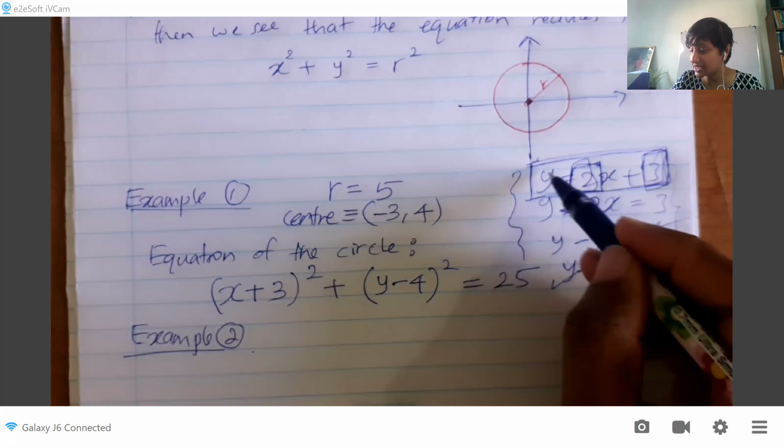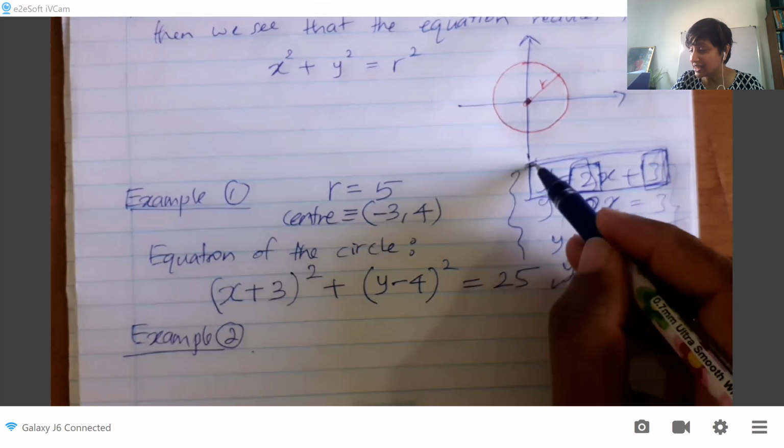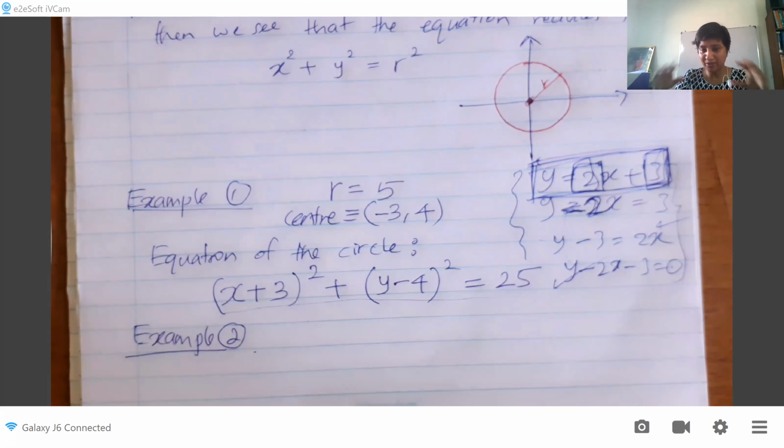So keeping it in this form preserves certain information. Similarly, keeping it in this form preserves it. Now, if you remove everything, you would lose this information. You would not be able to look at it and say what the center is or what the radius is, isn't it?